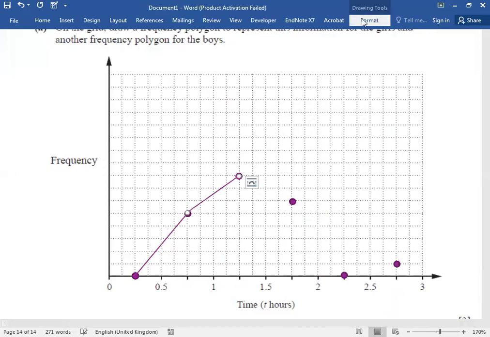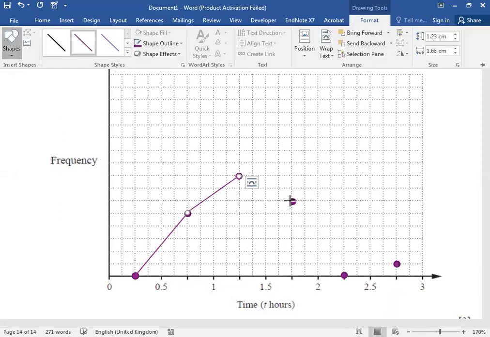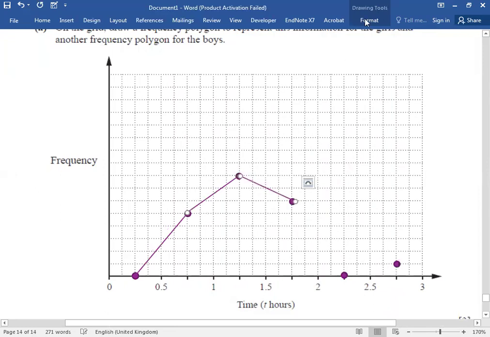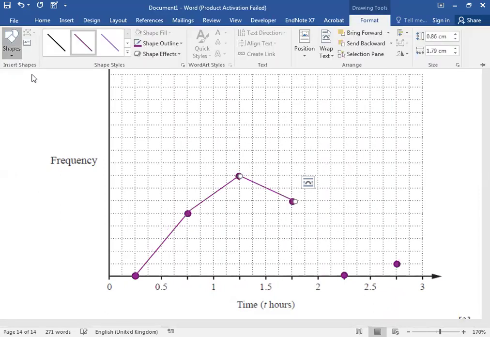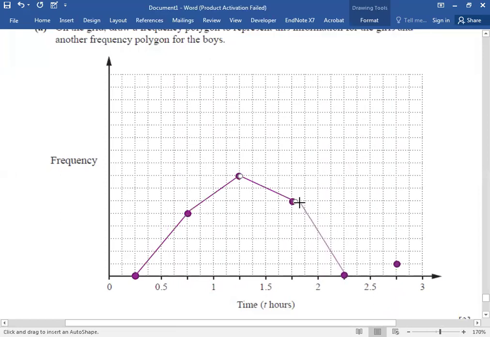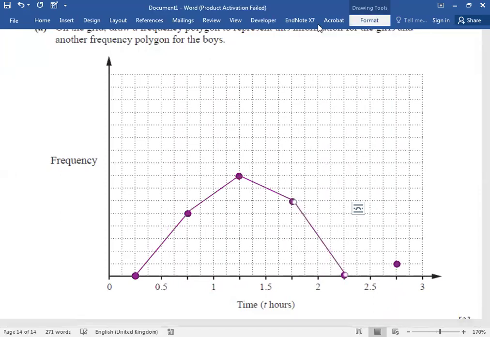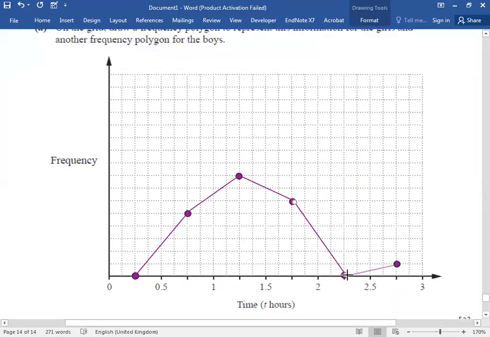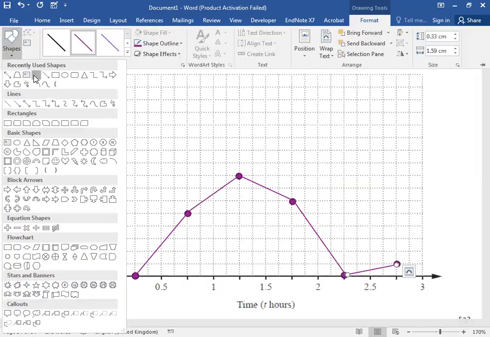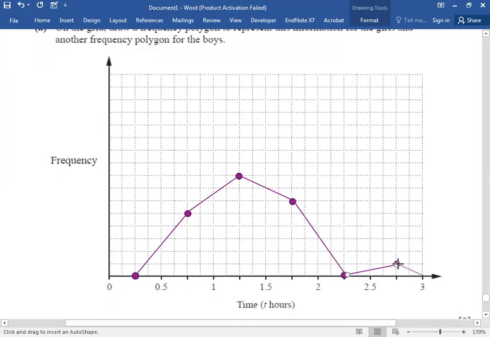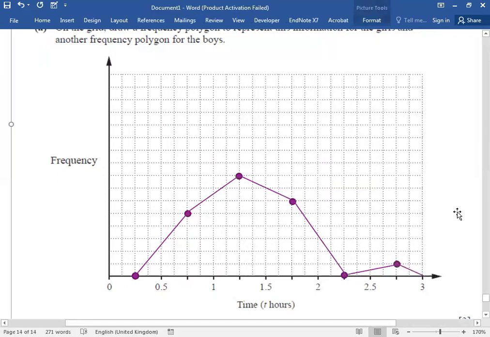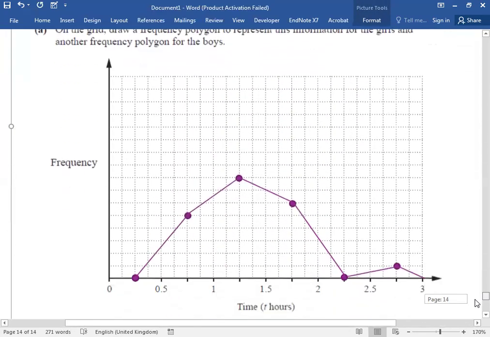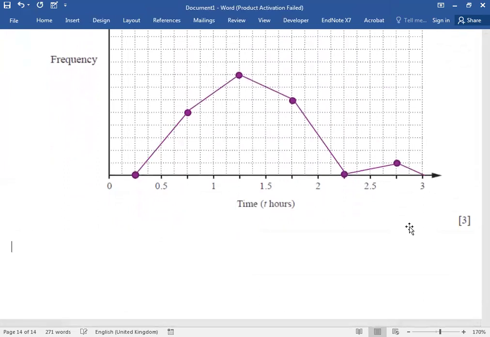Do not confuse it with cumulative frequency curve. कर्व बनाना भी नहीं है बेटे. This is for the girls. इसी तरह similar one can be made for the boys. क्लियर है?